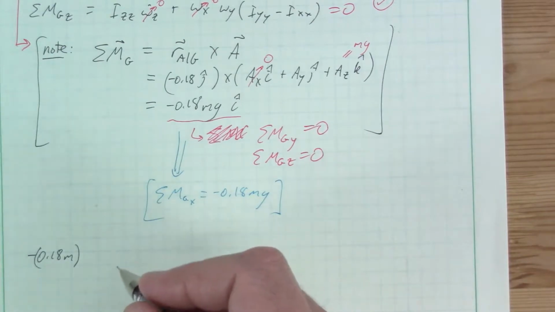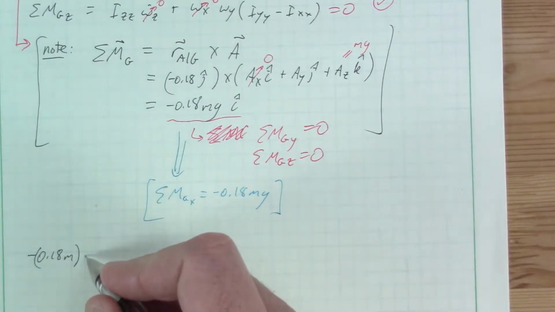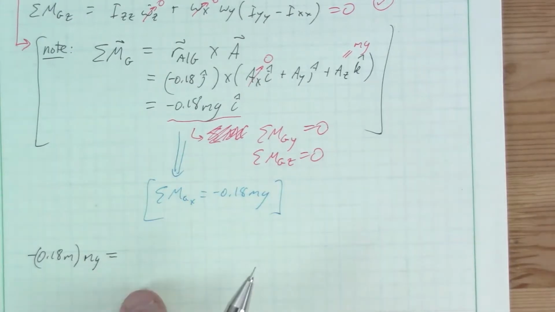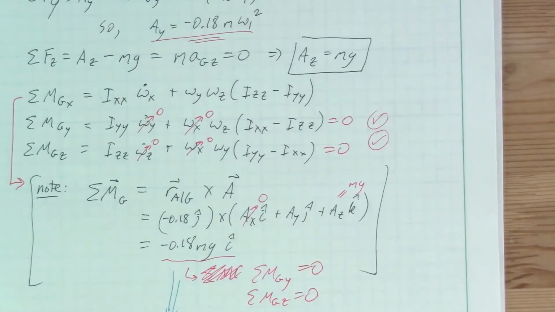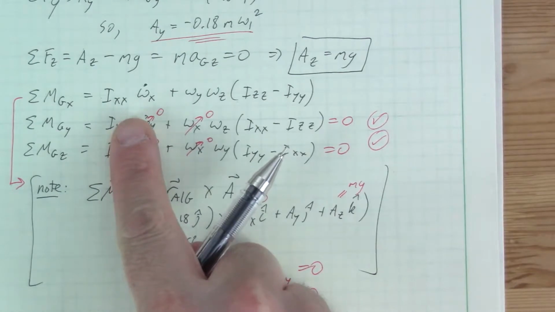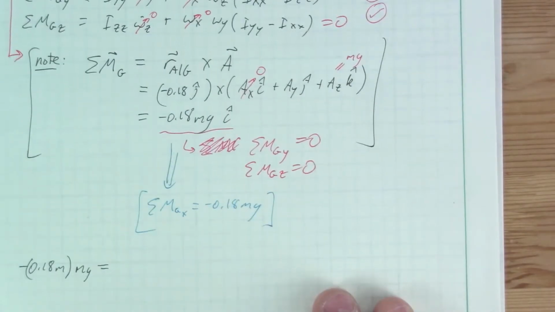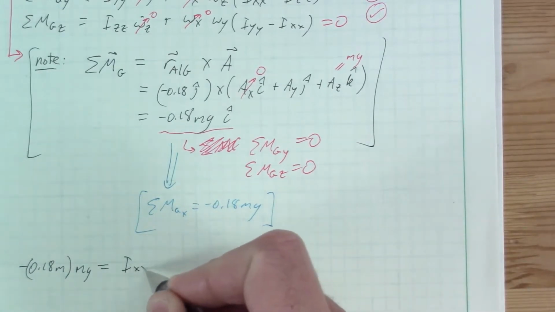Let's just do mg, let's get it all the way out, because the right-hand side we're not going to have numbers either. Okay, so Ixx, we have a value for that. Let's just write it out here, Ixx.